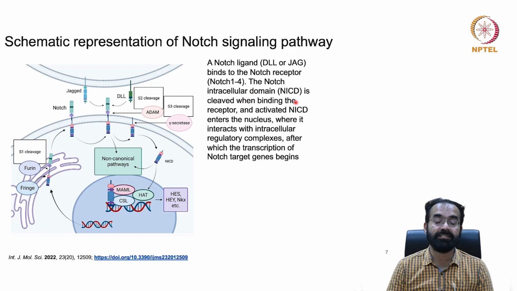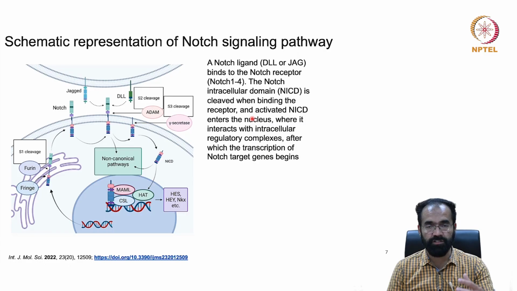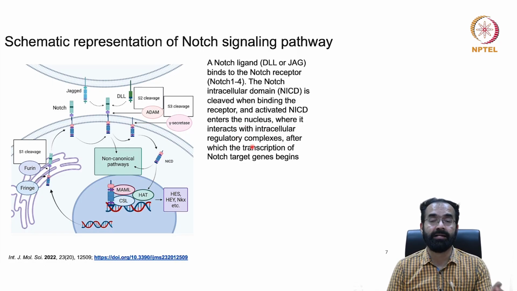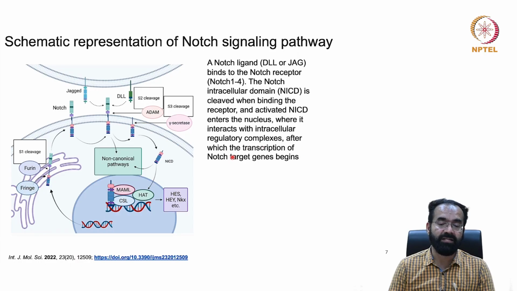When Notch is bound with its ligand, the Notch intracellular domain is cleaved, and the activated NICD enters the nucleus, where it interacts with intracellular regulatory complexes, after which the transcription of the Notch target genes takes place. As you can see here, Jagged is there, DLL is there.